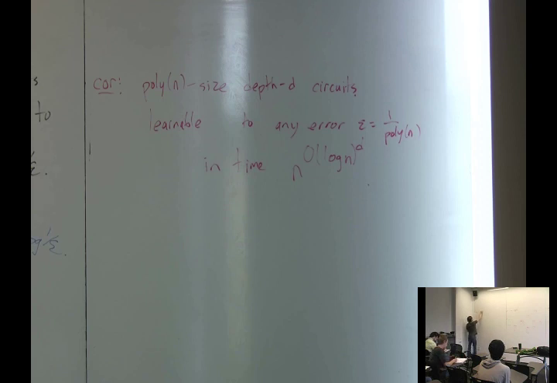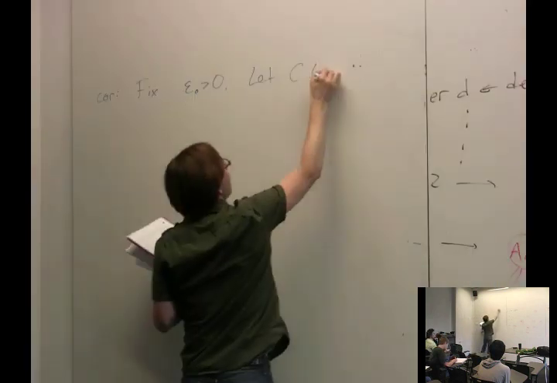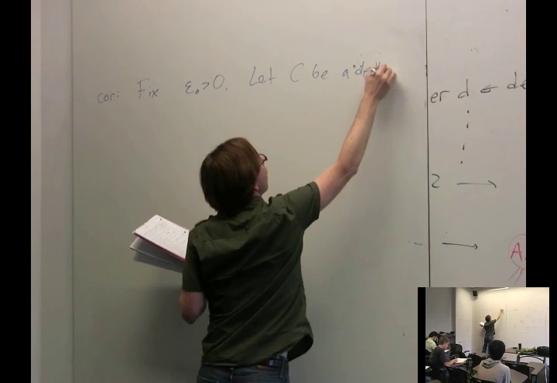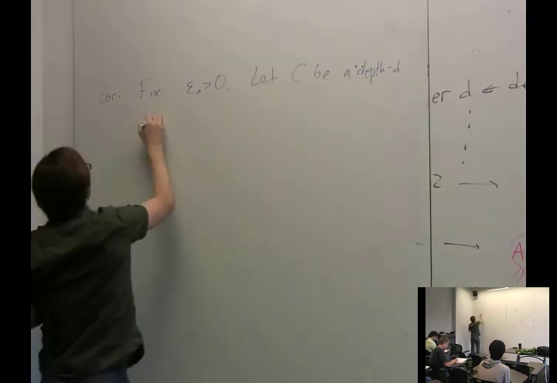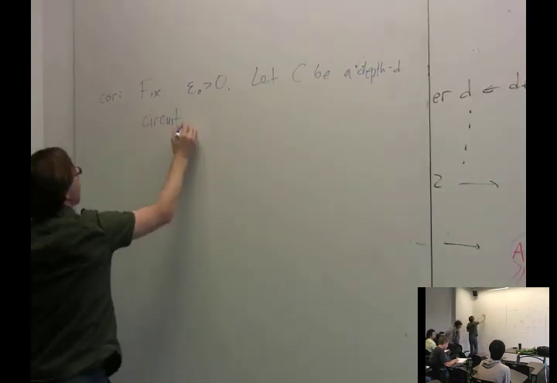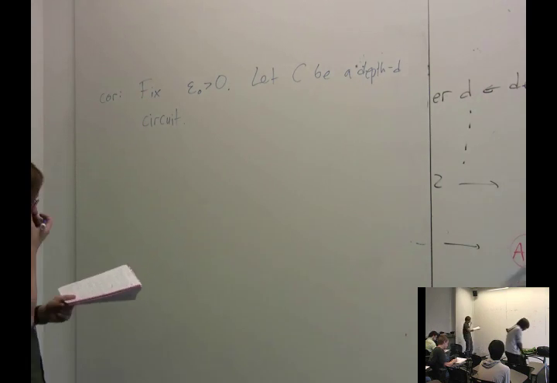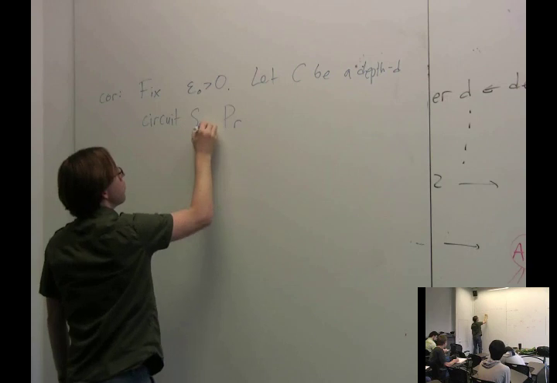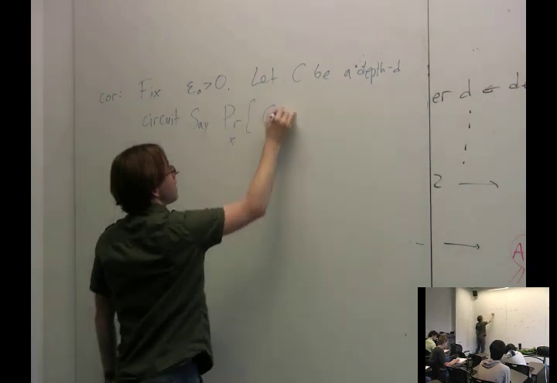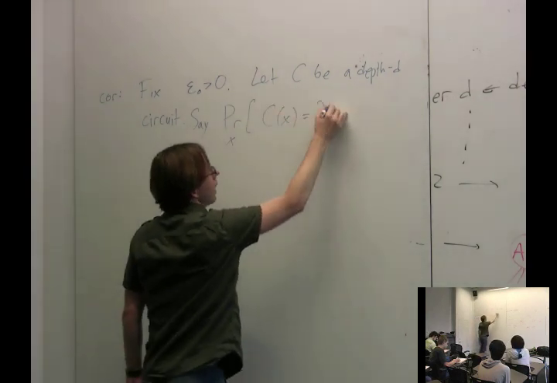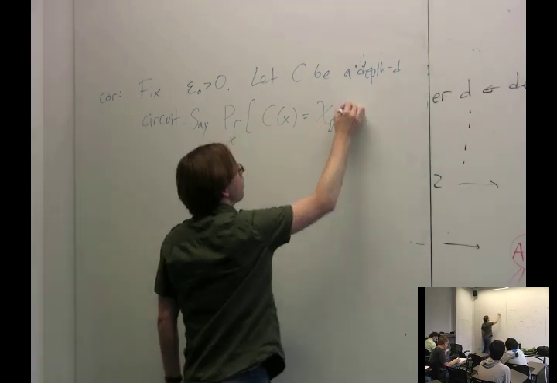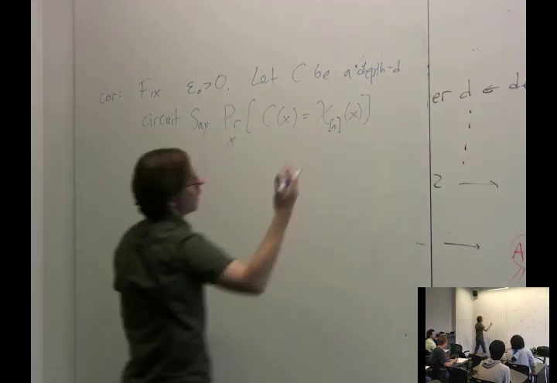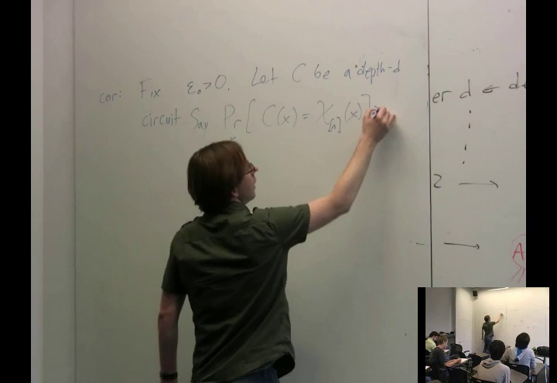Let's just fix any positive epsilon 0. And let C be a depth d circuit. And suppose that C is slightly good at computing the parity function. So say that the probability over random x that C of x equals the parity of all n bits is a half plus epsilon 0. It doesn't even have to get it right, but say it's just slightly better than guessing.